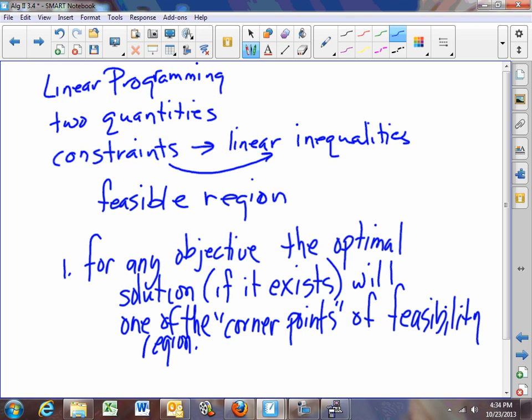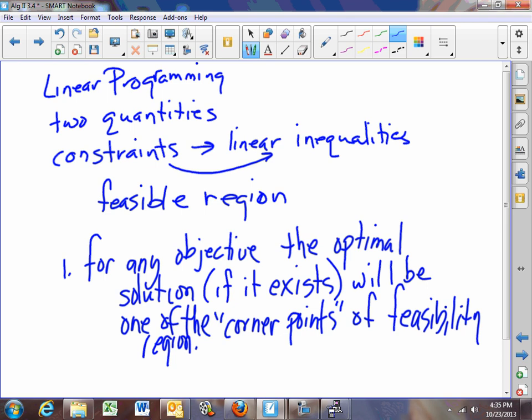Now, this has been referred to as the fundamental theorem of linear programming. For any objective, the optimal solution, if it exists, will be one of the corner points of the feasibility region.